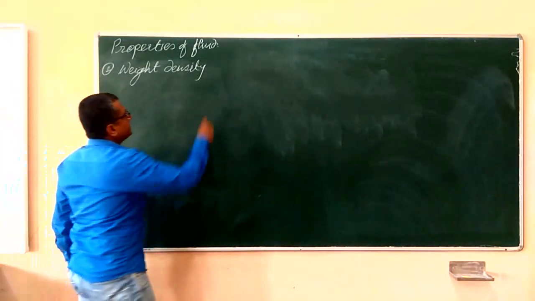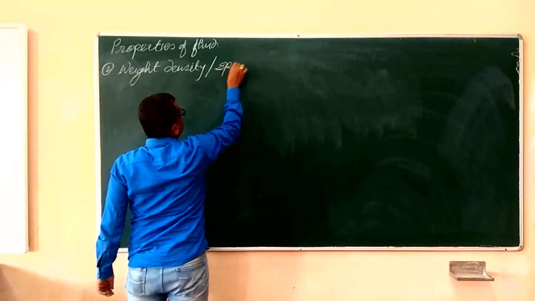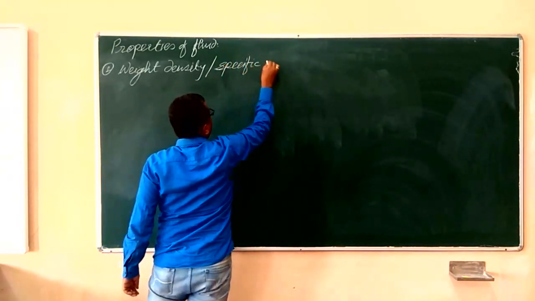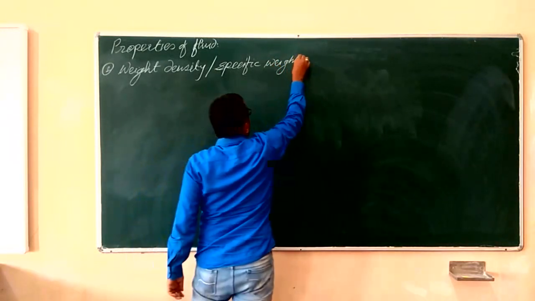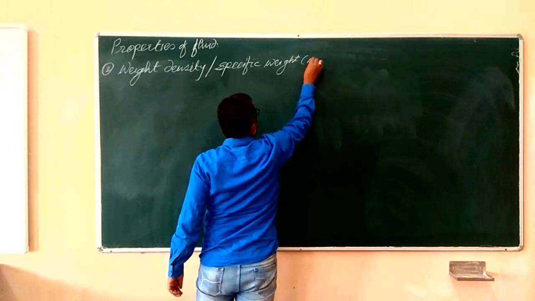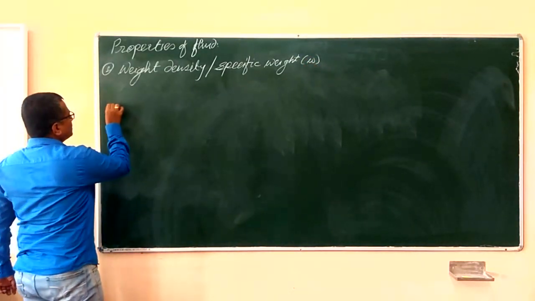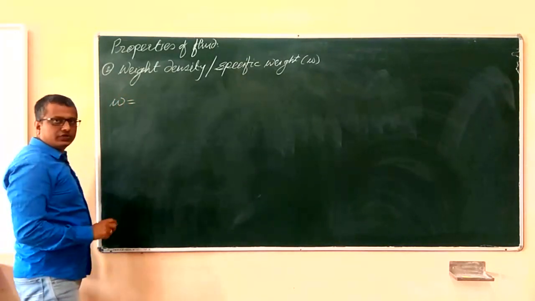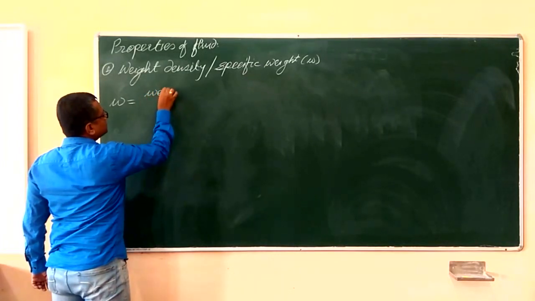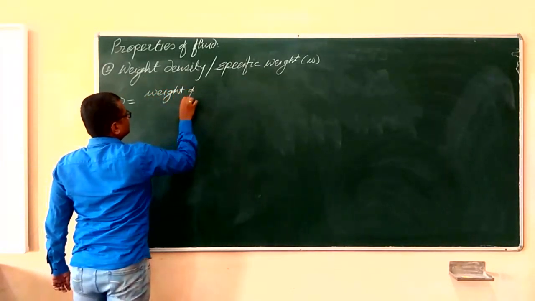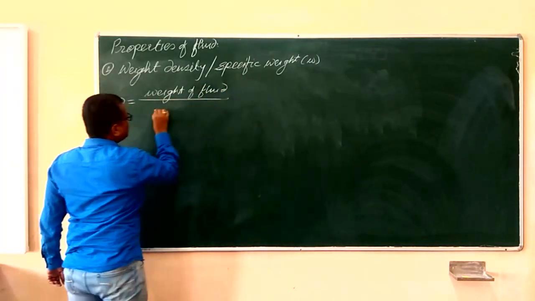This term wet density is also named the specific weight, and that is represented by the letter small w. The specific weight of the fluid is defined as the weight of the fluid per unit volume of the fluid.